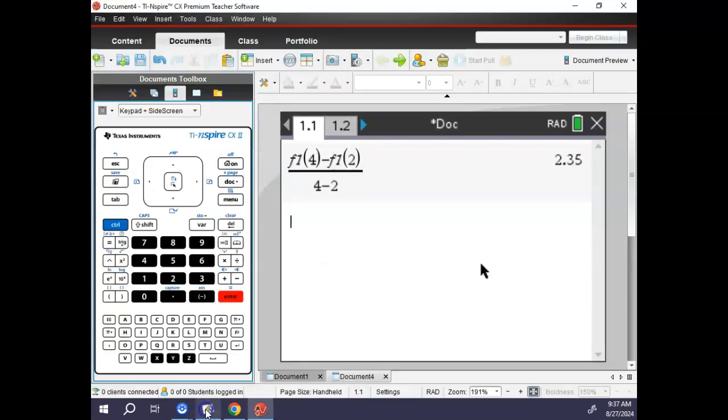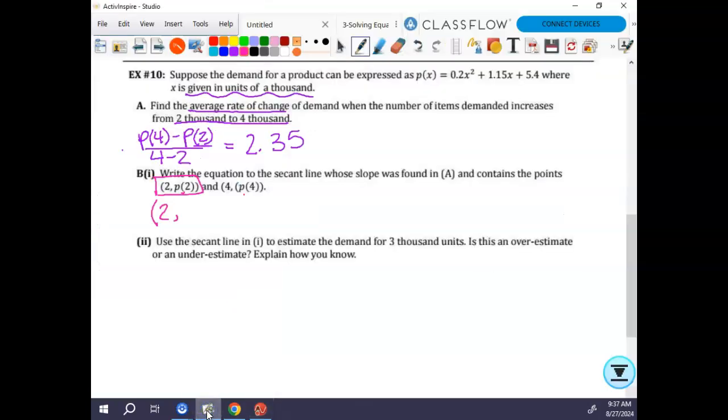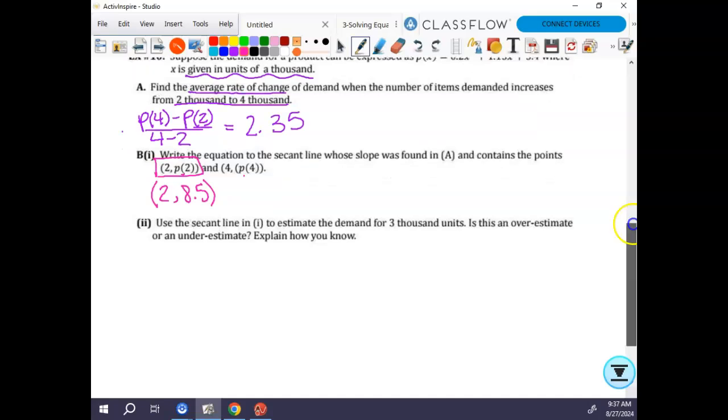So if I go back to my calculator, and I can just do F1 of 2, I can evaluate that, and I get 8.5. So my ordered pair is actually 2, 8.5. That makes sense? Now use all that information and write the equation of the secant line.